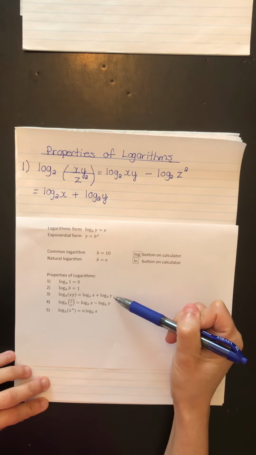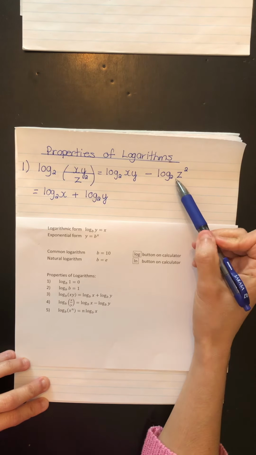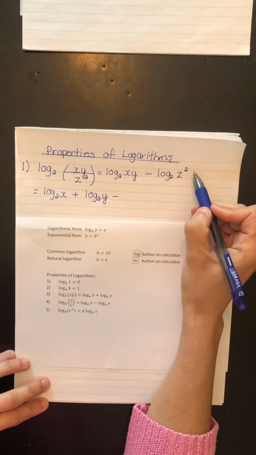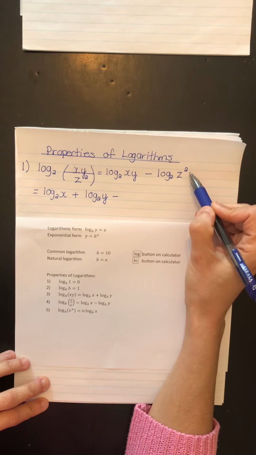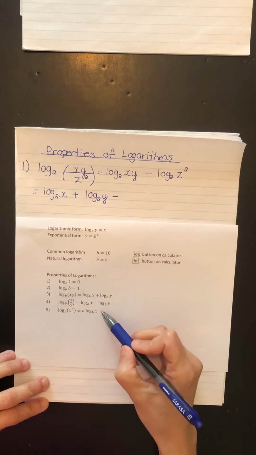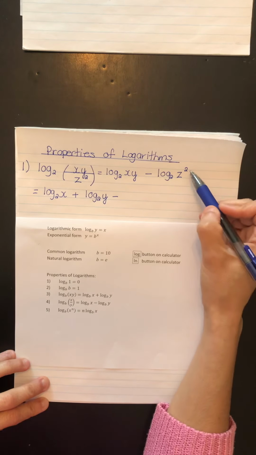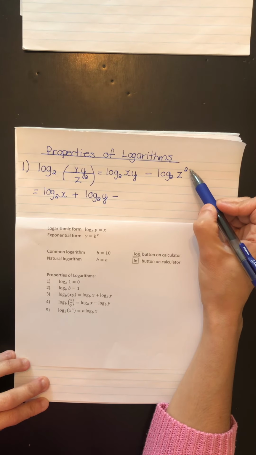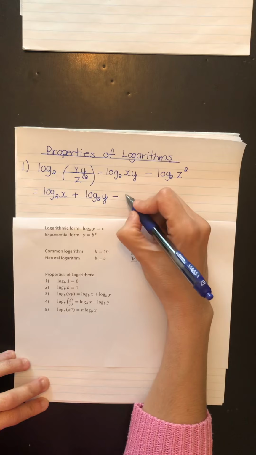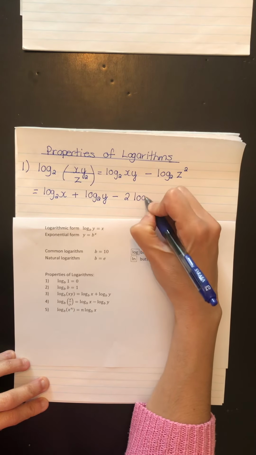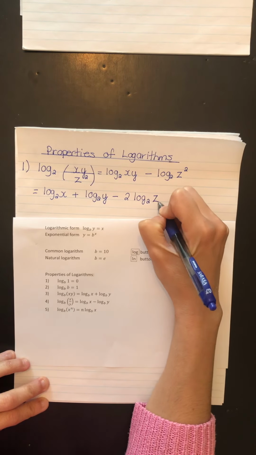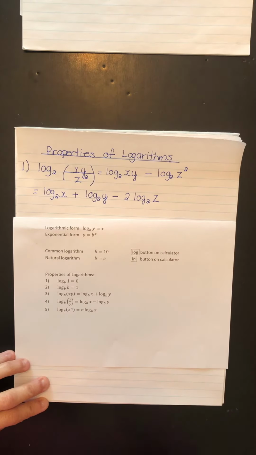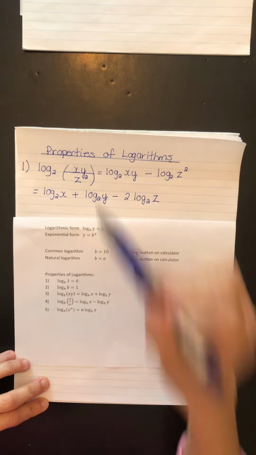That's property 3. And lastly, for this term here at the end, we can use the final property. So the 2, which is the exponent, comes forward and becomes the coefficient. And this is now equivalent to the original.